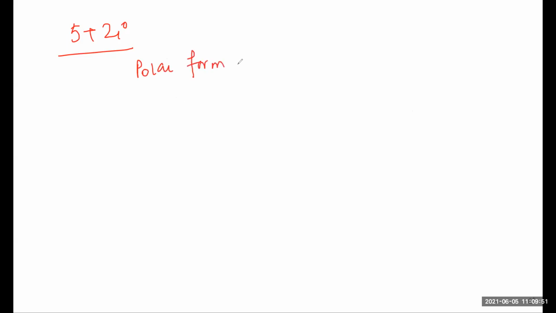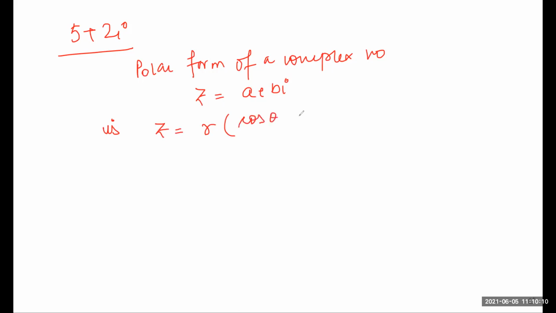Polar form of a complex number: z equals a plus bi, that we can write as z equals r times cos theta plus i sin theta.